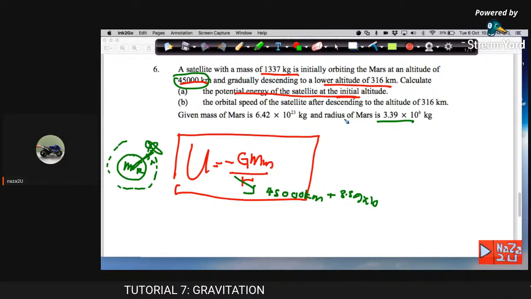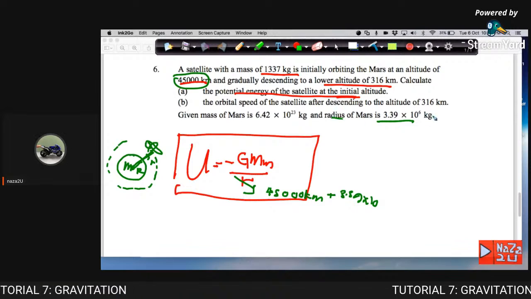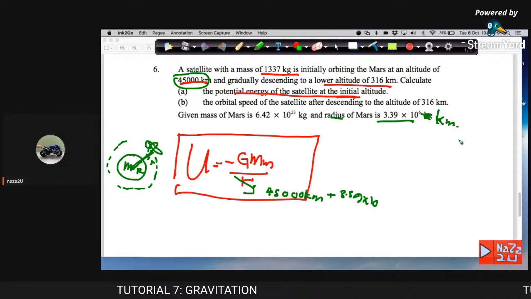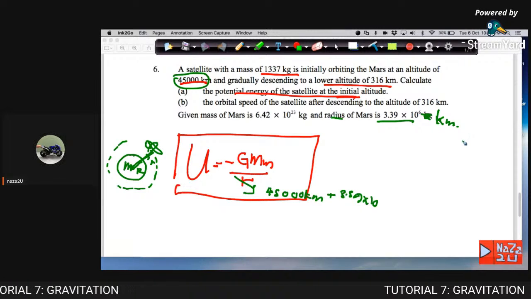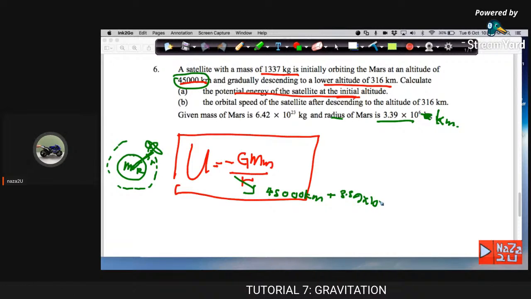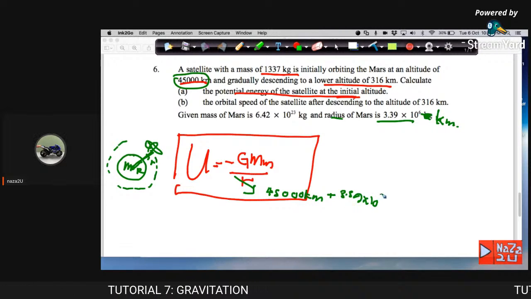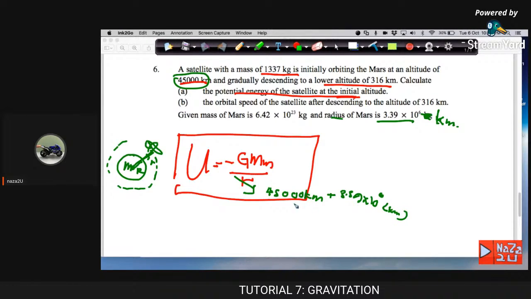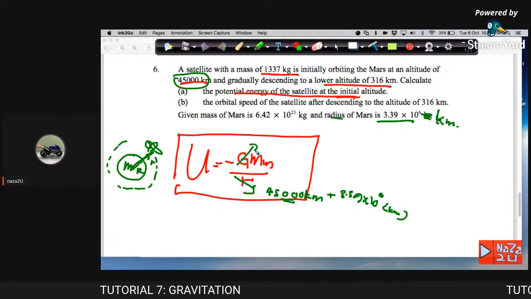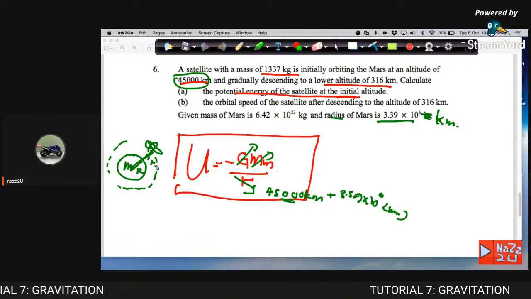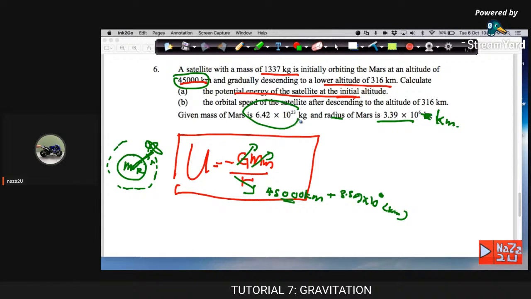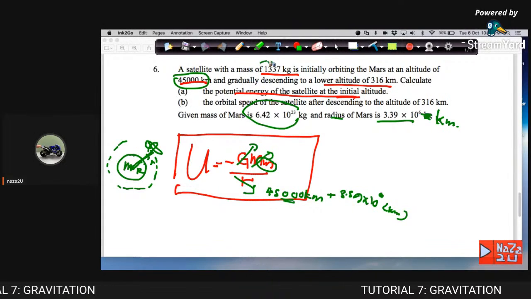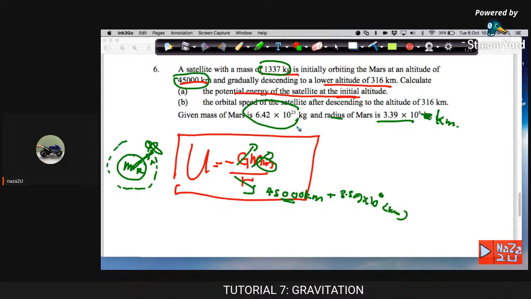Sorry, this is radius. This is not kilogram, this is kilometer. Jadi kamu kena tambah sini. Kena tukar kepada meter, exponent 3. So G is constant, mass of the planet Mars is 6.42 exponent 23, and the mass of the second object or satellite is 1337.